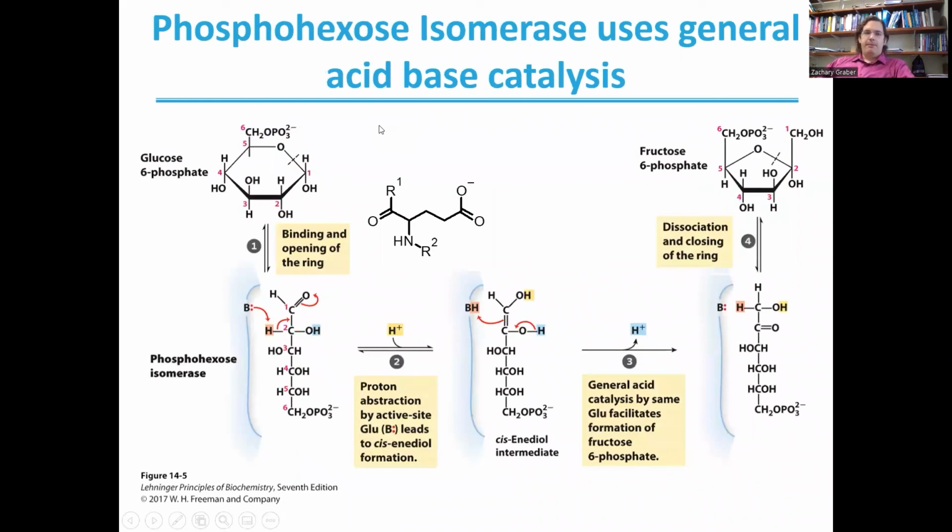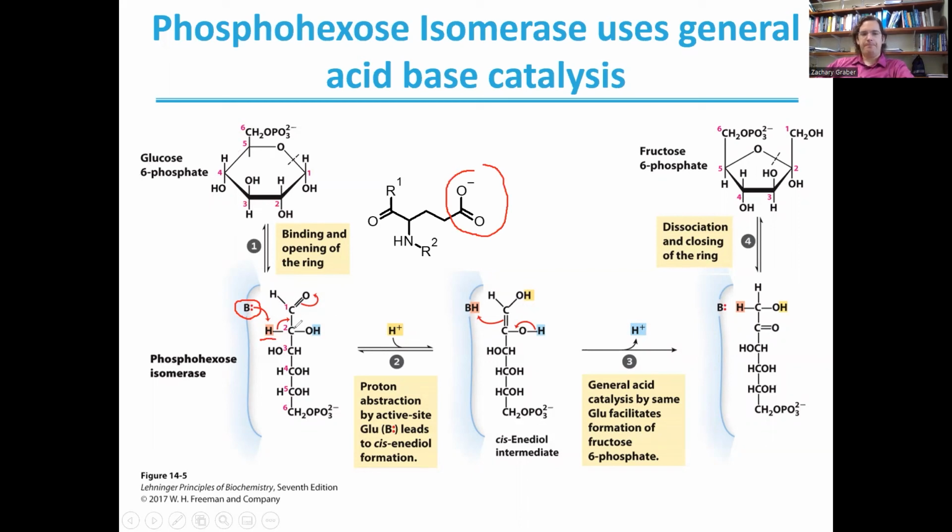One specific example of an acid-base catalyst is our phosphohexose isomerase enzyme. This enzyme is part of our glucose breakdown process to turn glucose into energy. So we take our glucose in the form of glucose 6-phosphate, and we use a base here in the form of glutamate. We have our deprotonated glutamate that takes a hydrogen from our glucose in order to shift its structure.